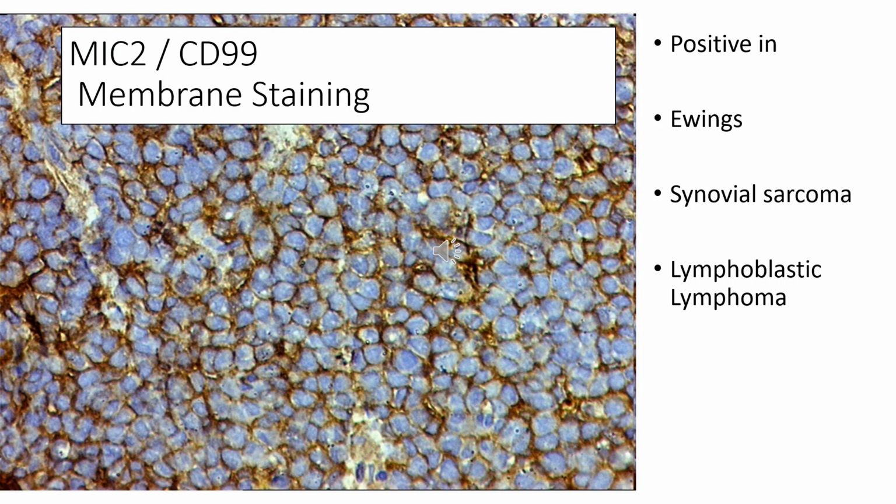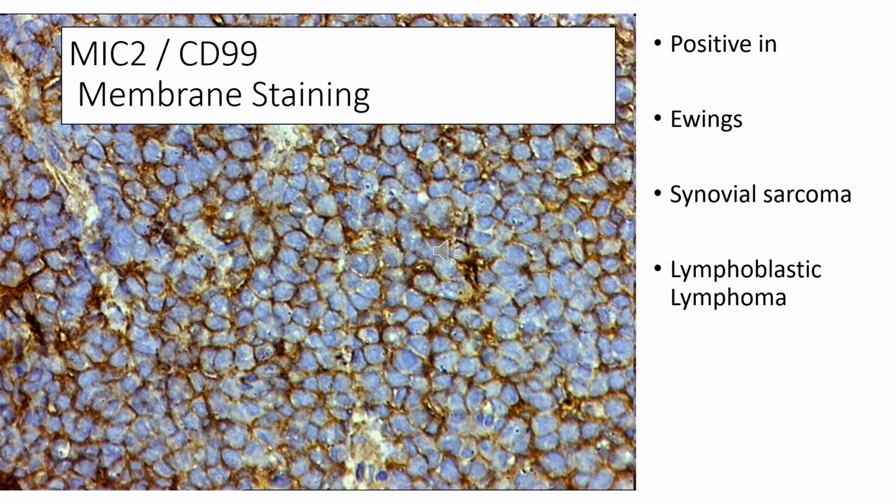For example, now this is a case of Ewing's tumor, and these are the small round cells which are so very uniform. And the stain which has been used over here is known as MIC2 or CD99. This is the monoclonal antibody or the marker.